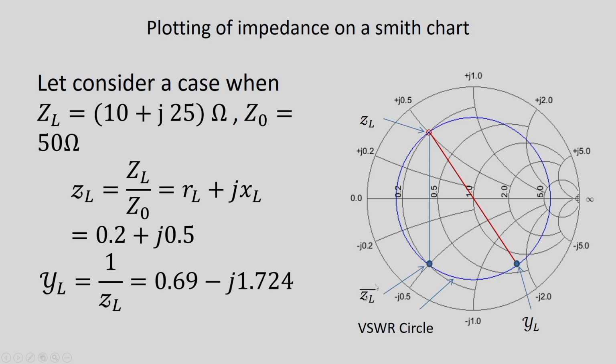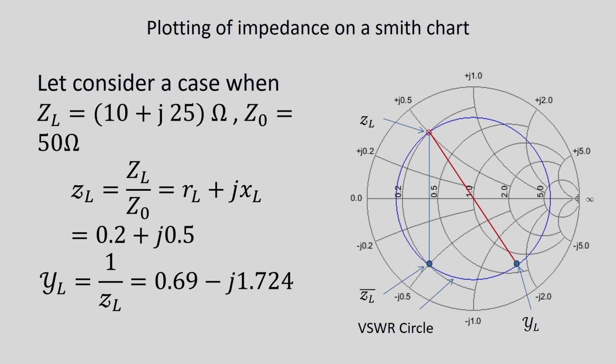Please note that when we are using this chart as an impedance chart, this point on the chart will represent the short circuit point, because here ZL becomes 0, and this point will represent the open circuit point where both RL and XL become infinity.